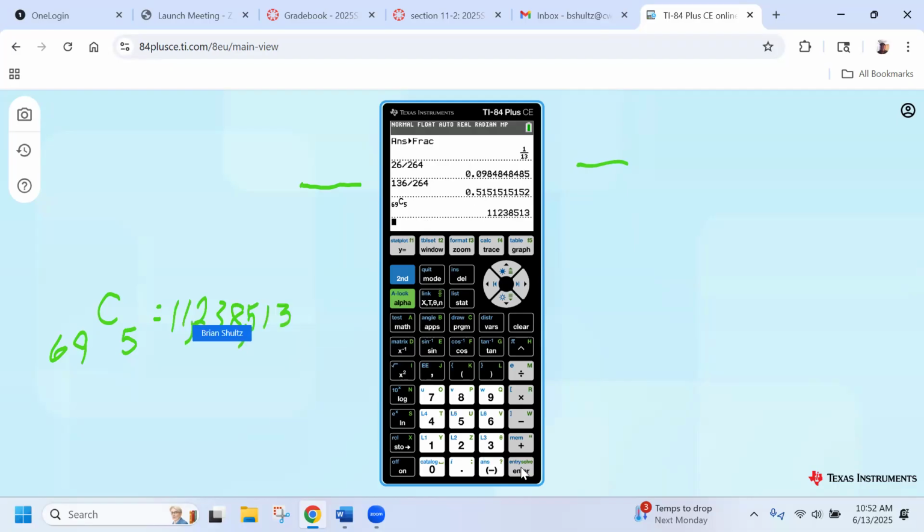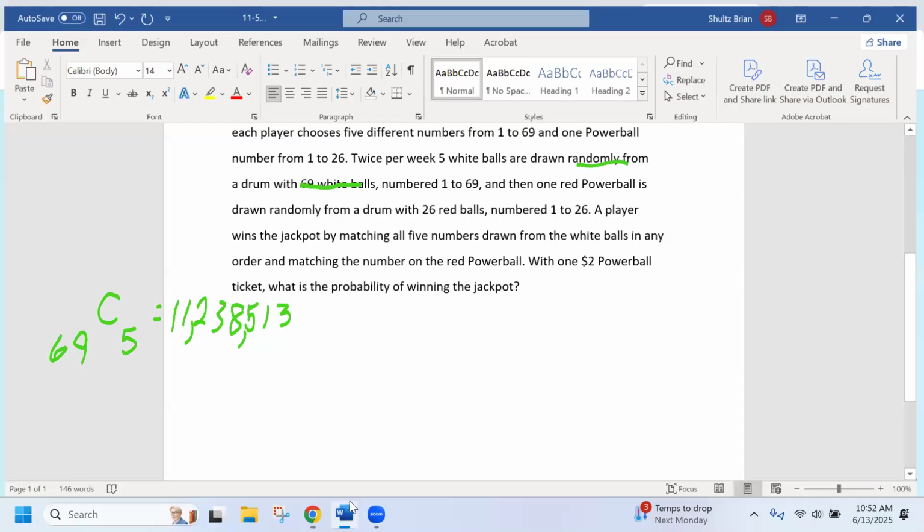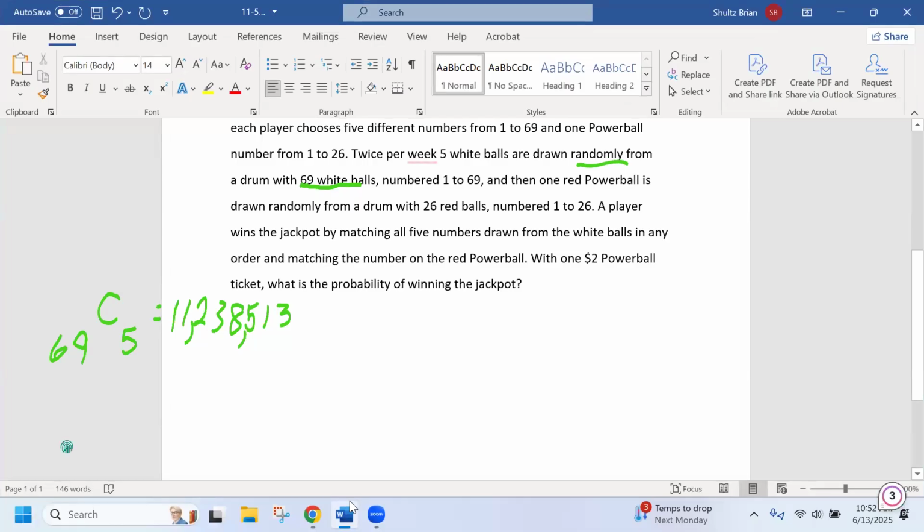That's the total number of ways of choosing 5 numbered balls out of 69 when order does not matter. But then we have to remember that there is a second ball that needs to be chosen: one red Powerball is drawn from 26 red.